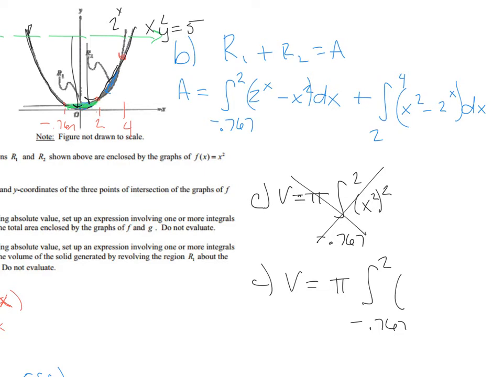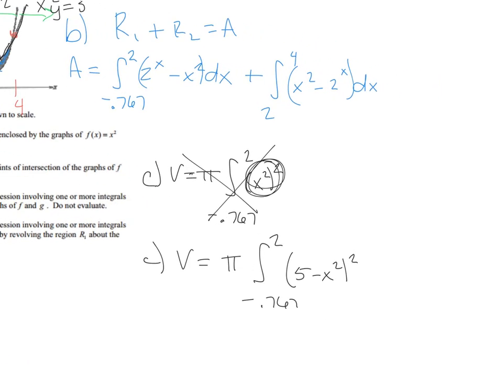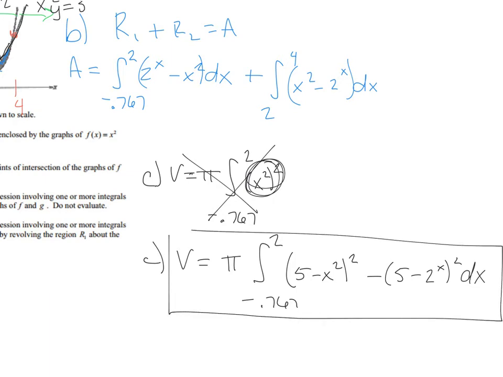So instead of just the x squared like I had here, I need to do 5 minus x squared, squared, because the axis of rotation has changed and it's not just the x-axis, minus 5 minus 2 to the x, squared dx. Now, if you notice, they asked you to not evaluate it, so that is your final answer.